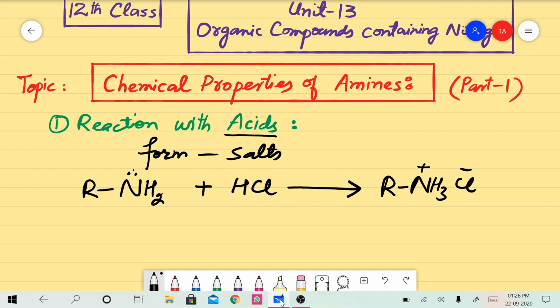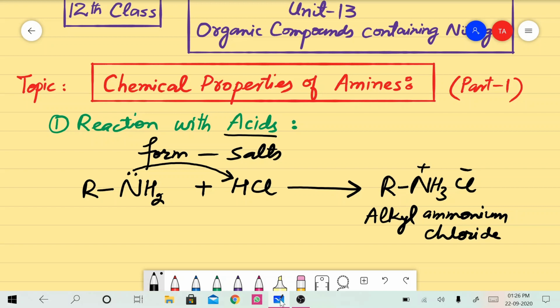When nitrogen donates its electron pair to H positive ion of hydrochloric acid. In this way, the salt which is formed is alkyl ammonium chloride.